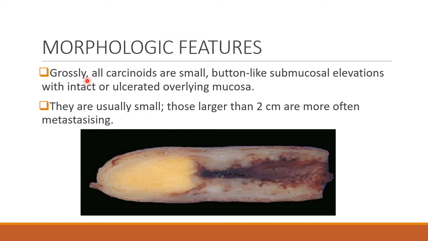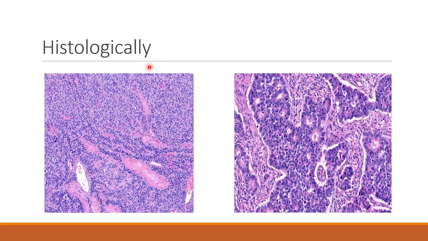Morphological features. Grossly, these carcinoids are small button-like submucosal elevations with intact or ulcerated overlying mucosa. Here you can see the appendix, and at the tip of the appendix is a small tumor, which is yellowish in color on cut section. They are usually small, but those larger than 2 cm more often metastasize.